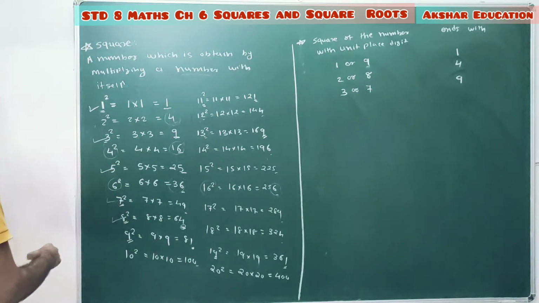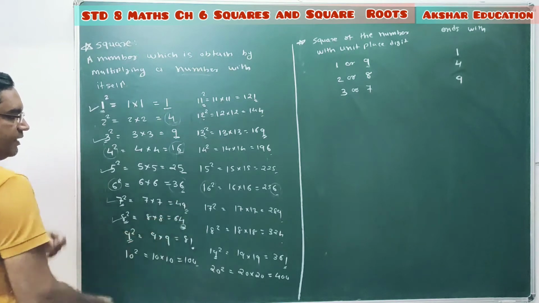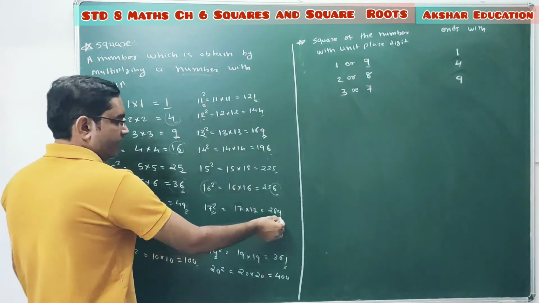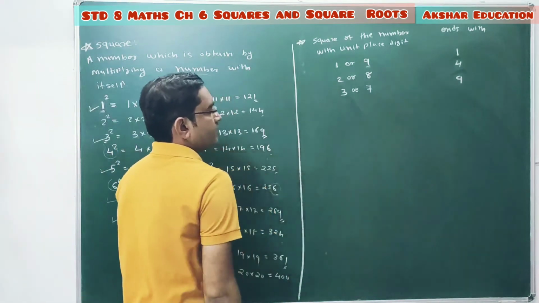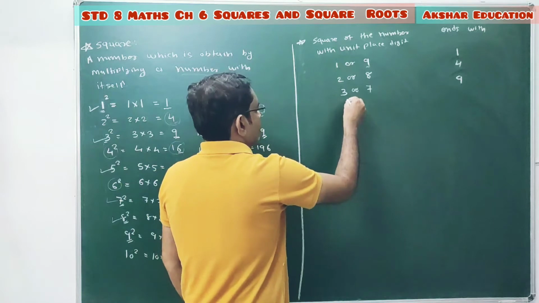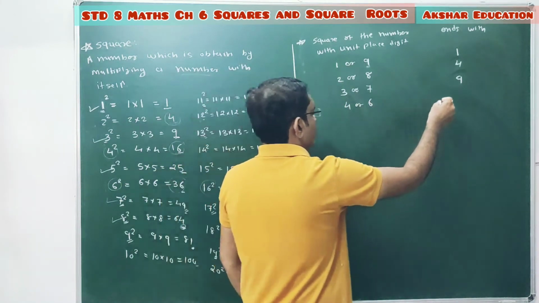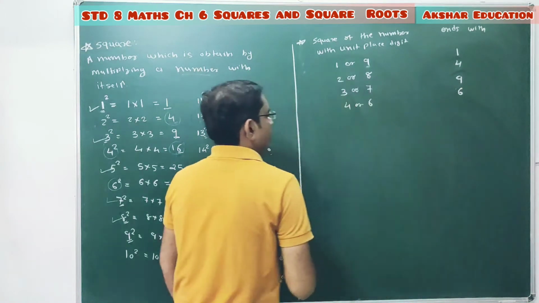7 square is 49, so the unit place digit of 49 is 9. 17's unit place digit is 7, whose square is 289, so again we are getting the unit place digit as 9. Clear students? Similarly, numbers whose unit place digit is 4 or 6 have squares with 6 as the unit place digit.